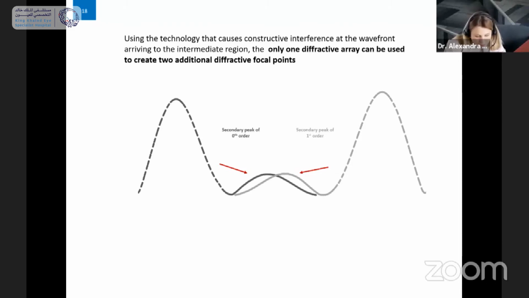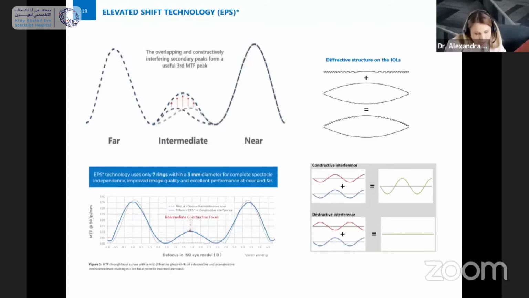And in the middle, the technology can utilize this energy and make a peak from those two, adjusting these two waves to be in the same phase, so they are adding together, and you can gain an intermediate peak without adding any new diffractive structure.